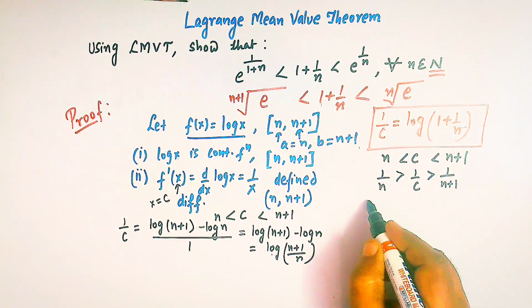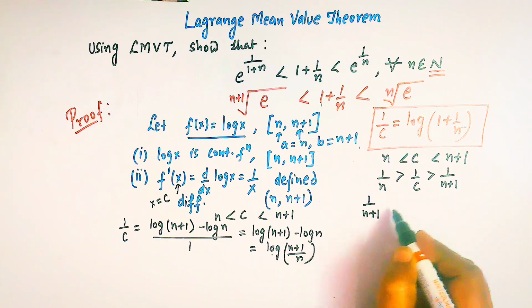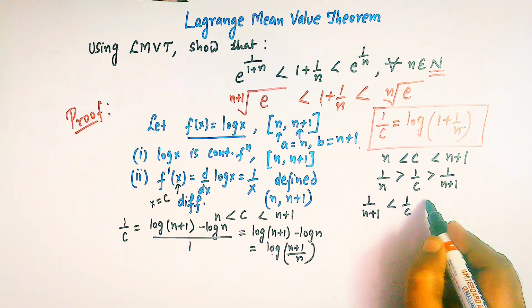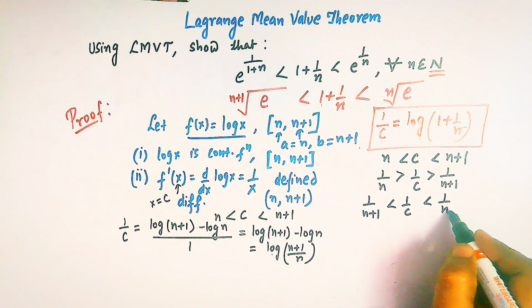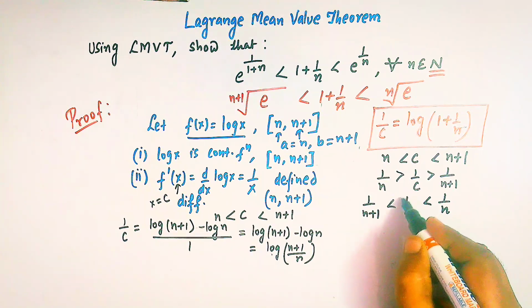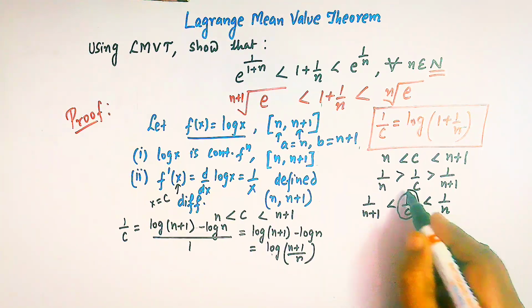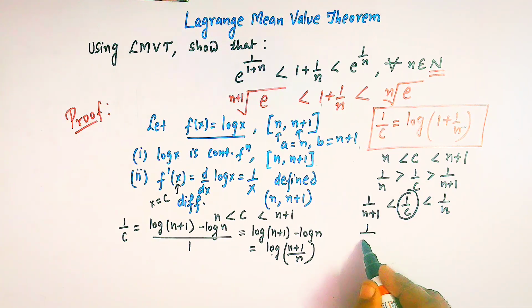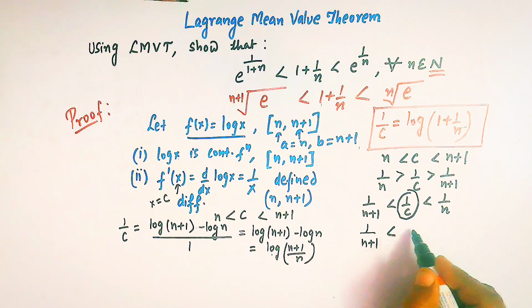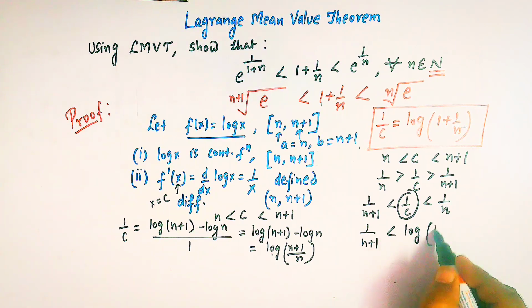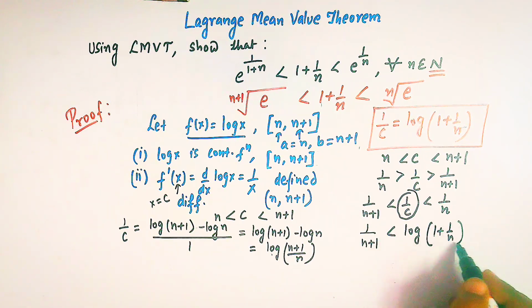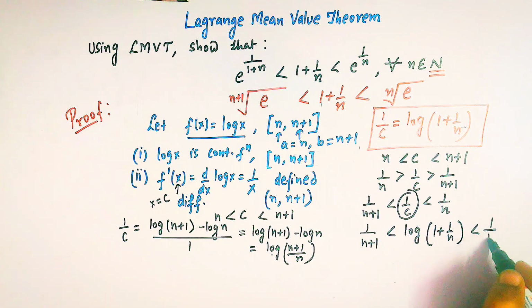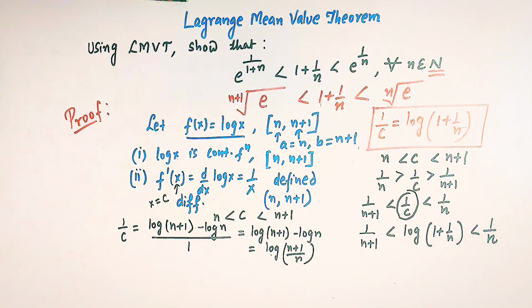This can also be written as 1 over n plus 1, here we have 1 over C, and here we have 1 over n, right? Now 1 over C can be replaced by this expression. So we have 1 over n plus 1, and here we have log of 1 plus 1 over n, and here we have 1 over n.